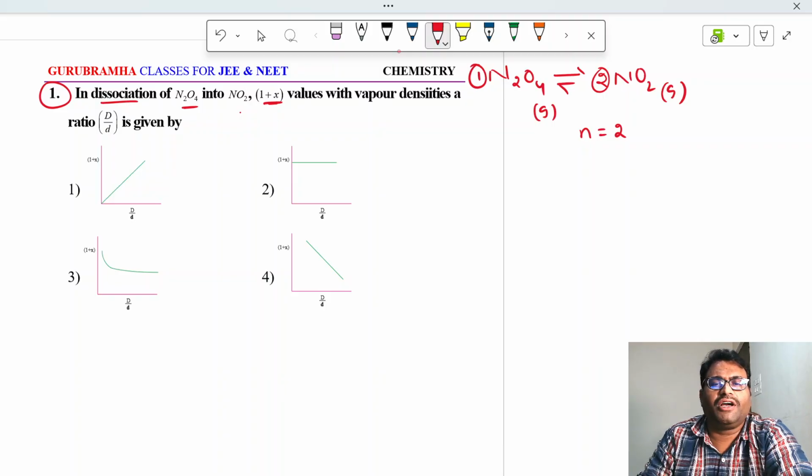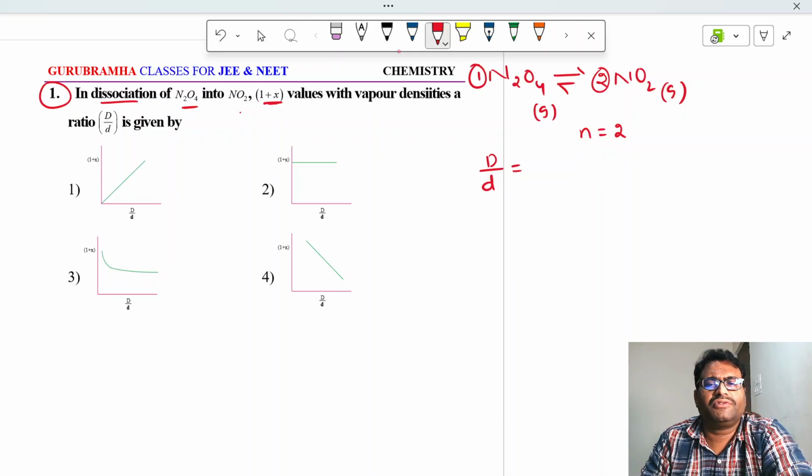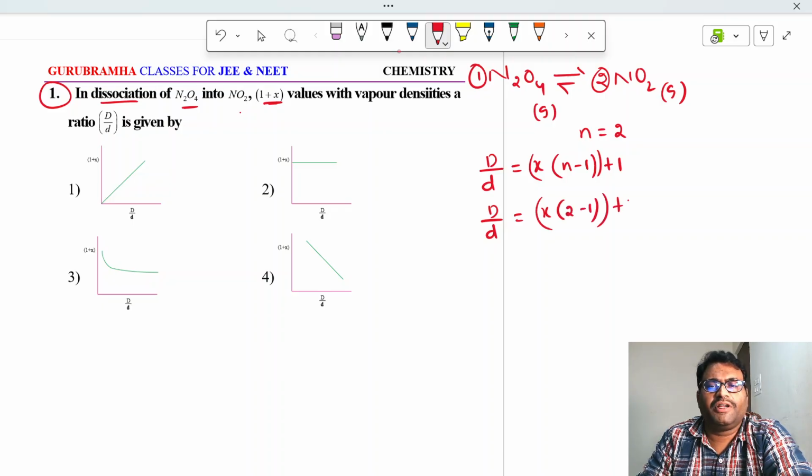And we know the formula, D/d is equal to alpha, that is x here, into (n - 1) plus 1. This is the formula which we have derived. So D/d is equal to x into (2 minus 1) plus 1.